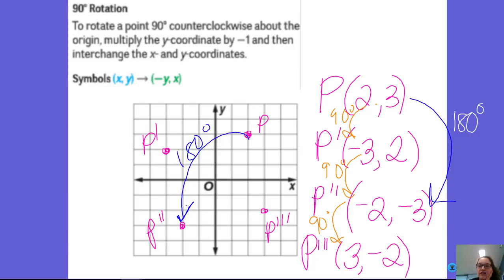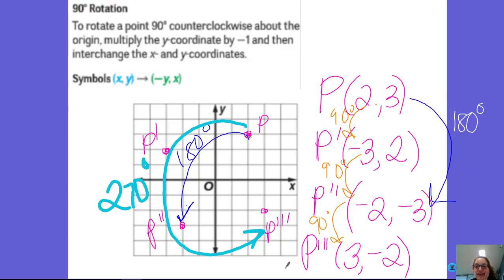Well, if I wanted to go straight from my original point P all the way to P triple prime, that's rotating 270 degrees. 90 degrees plus 90 degrees plus 90 degrees is 270 degrees.